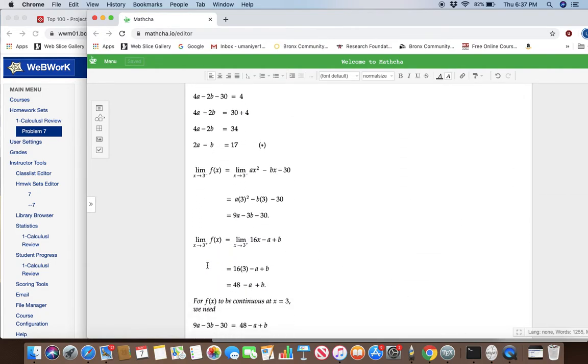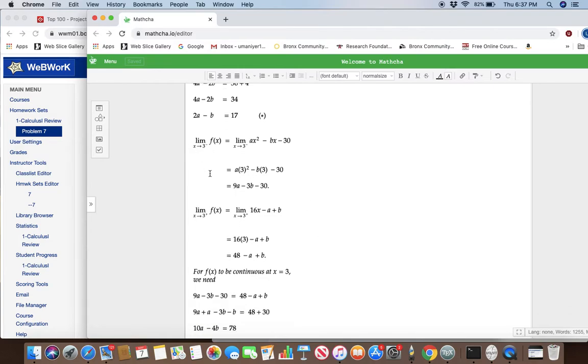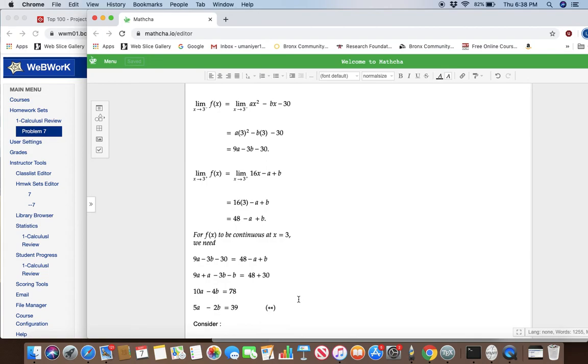For the right hand limit, I have to use 16x minus a plus b. Plug in x equals 3. I get 48 minus a plus b. Left hand limit must be equal to right hand limit, so this expression must be equal to this expression. Now it's just manipulations. I'll get the a's on one side and the b's on the other.